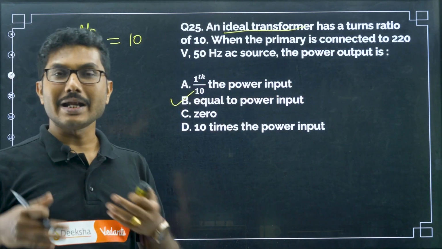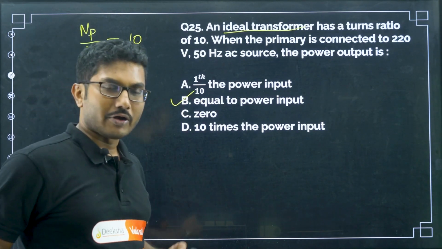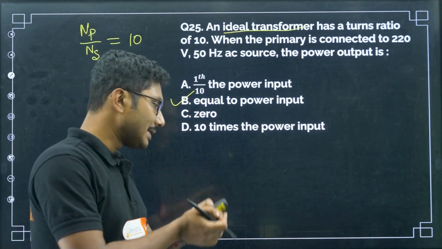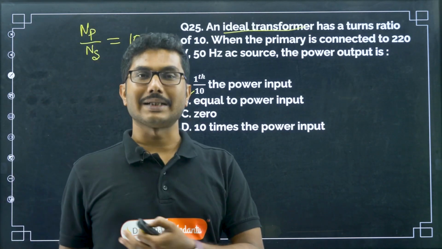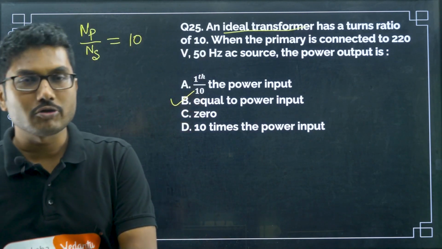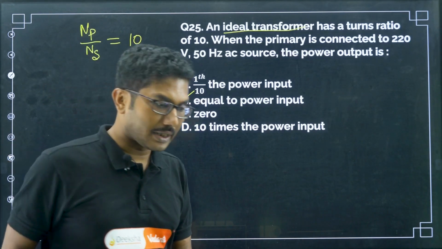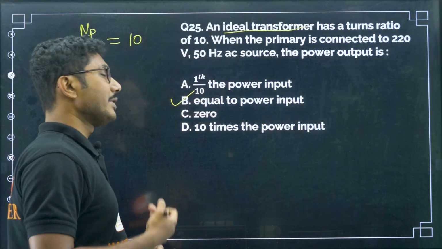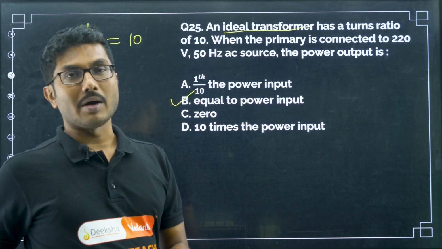Voltage will change, current will change, turns you can change based on the requirement, but power will always remain constant. Power is basically energy spent per second. Energy is a conserved quantity, so power will also be conserved, right? Unless you are wasting some of the energy due to other losses, the power will always be constant. So output power will be equal to the power input.